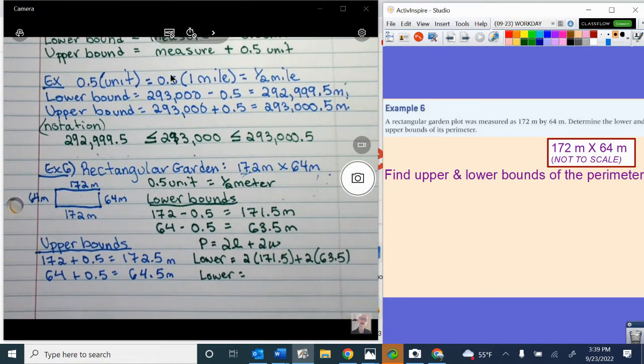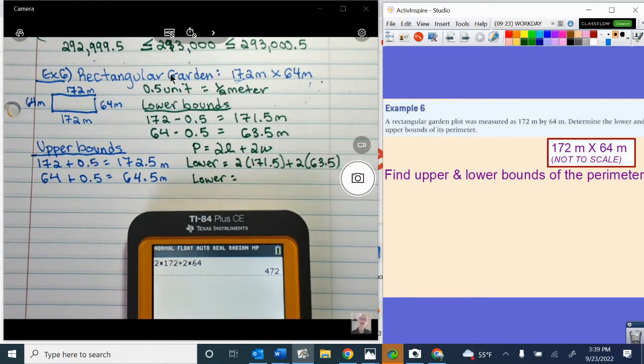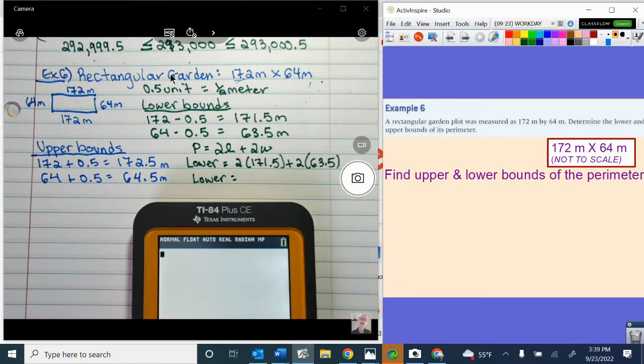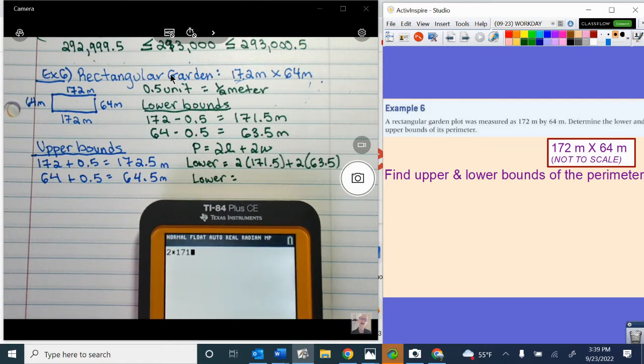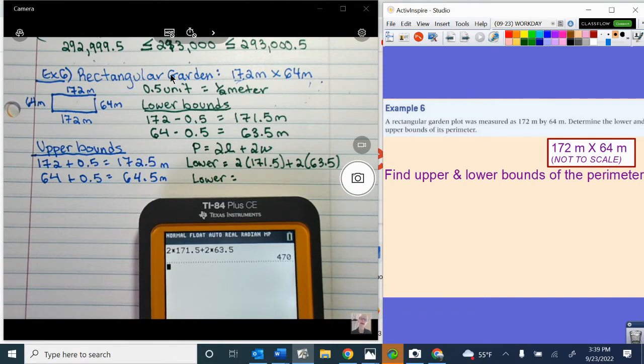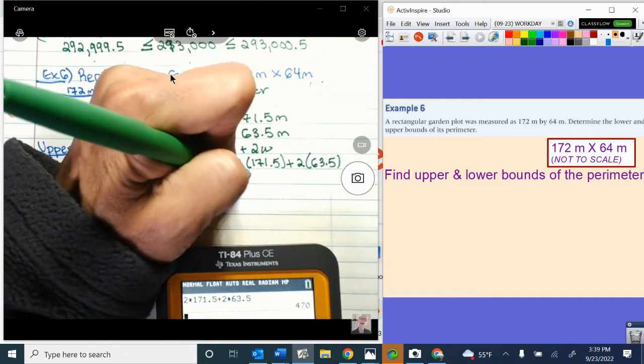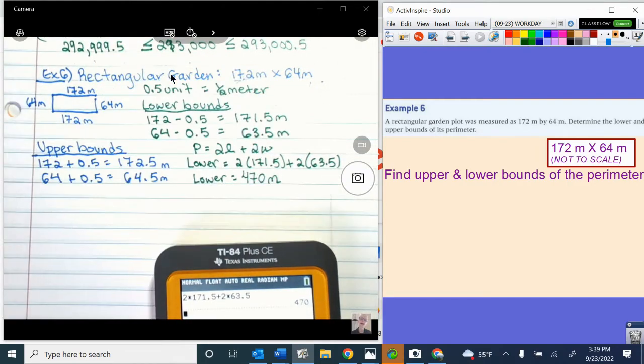I'm going to slide up my notebook and show that calculation. 2 times 171.5 plus 2 times 63.5, and we get 470 meters.